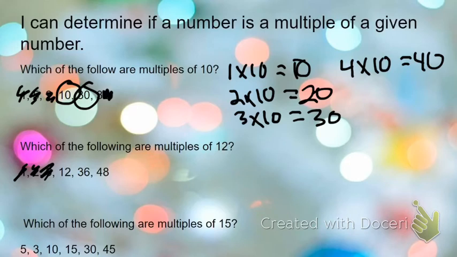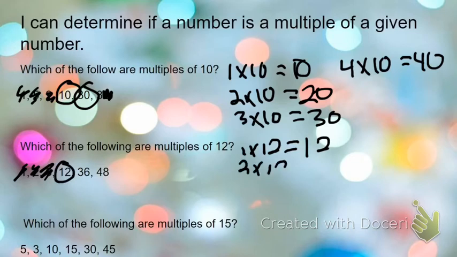So I'm just going to start multiplying by 12 until I get to these numbers or get above them. Okay, so 12, yep, that's going to be a multiple. What about 2 times 12? What would that get me? It gets me 24. I'm close, but I'm not quite at that 36, so I'm going to keep going. 3 times 12 equals, well, it's going to be 12 more than 24.